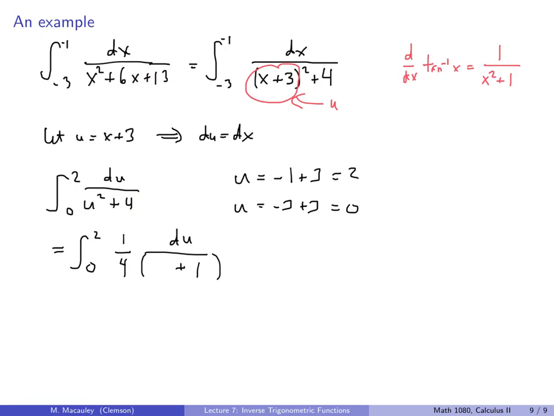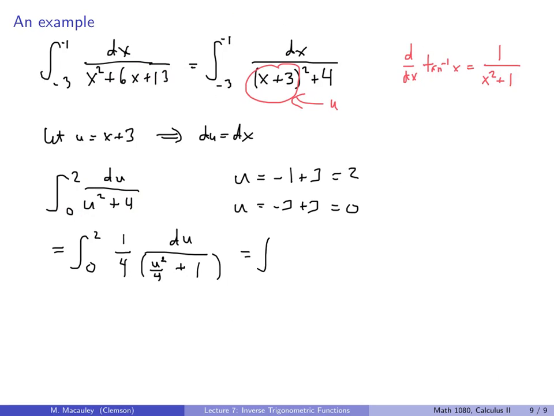So this is u squared divided by 4. Have I done that right? You can do anything you want if it's true, and that looks to be a true statement. Okay, great. So let's simplify this.